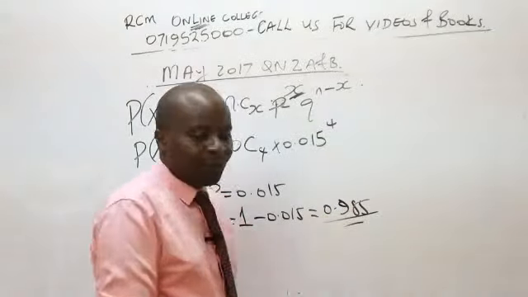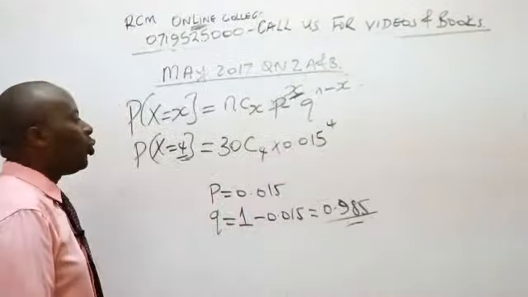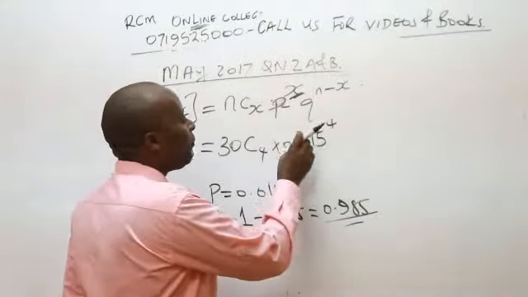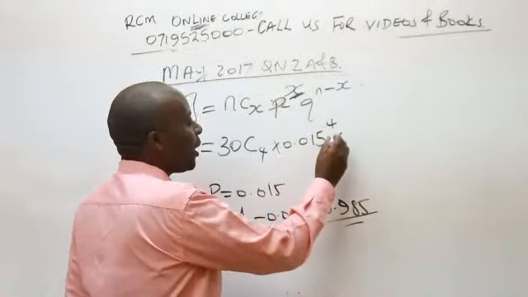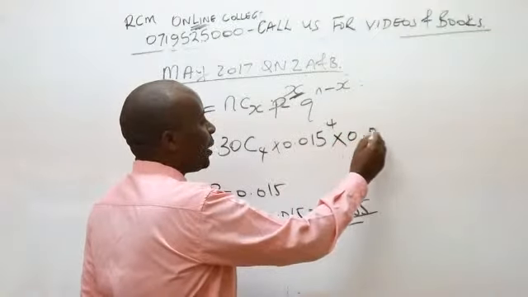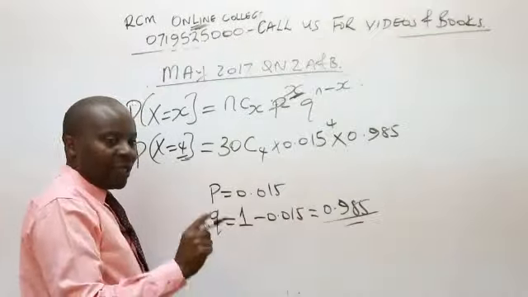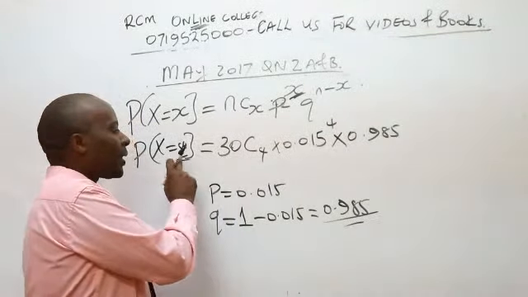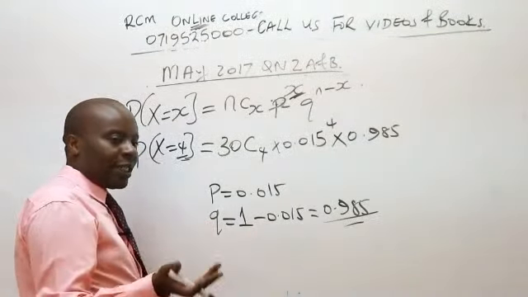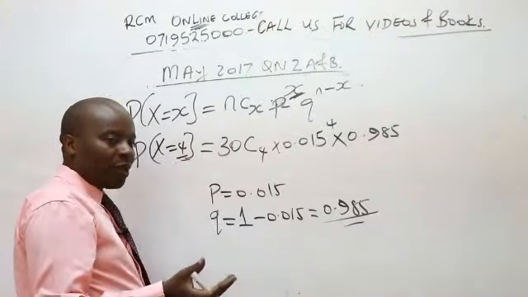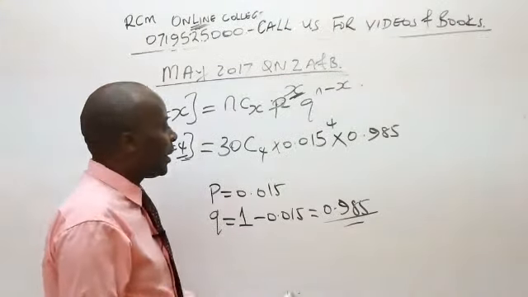So now the moment I've got those two parameters, I have already factored in p here. My q is 0.985 raised to n minus x. Now listen, n is 30, x is 4. When you subtract the two, you should get 26.